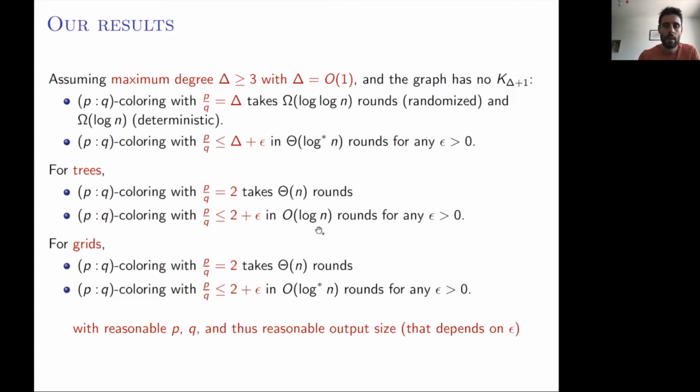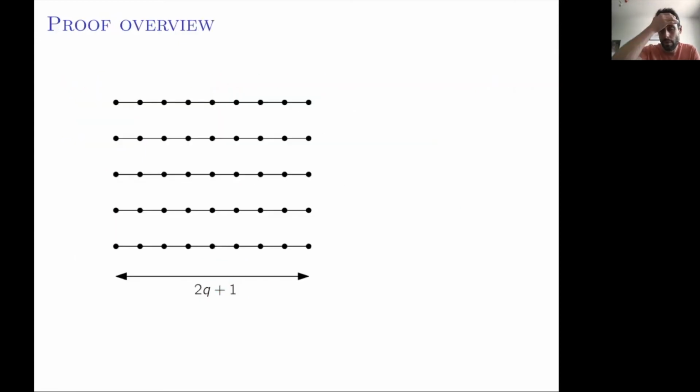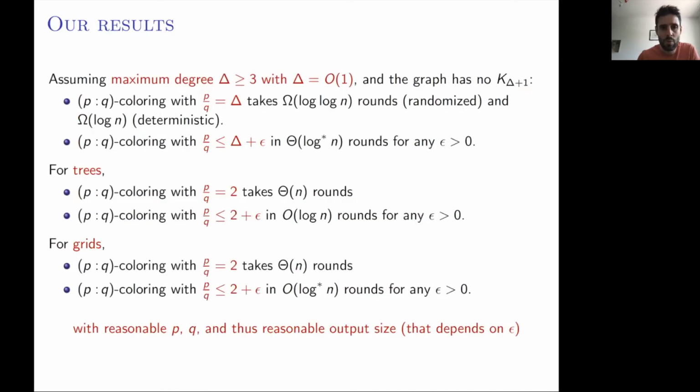Let me now explain the ideas behind these two results about the maximum degree. First, I'm going to explain how to prove that for any fixed Q, we can find a PQ coloring such that P over Q is at most delta plus epsilon.